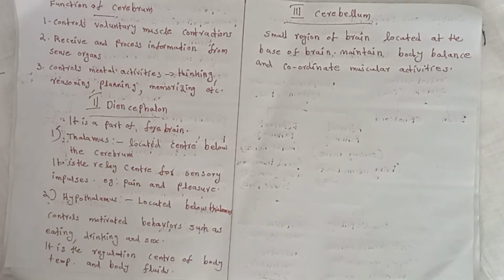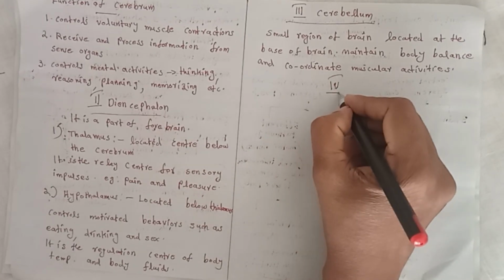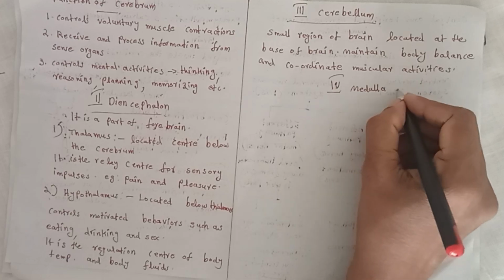The next part of the brain is the medulla oblongata.